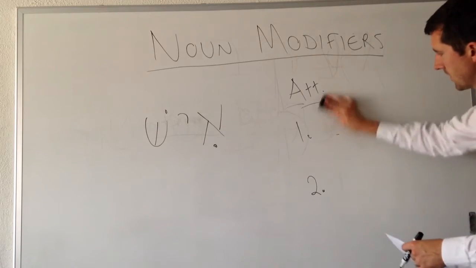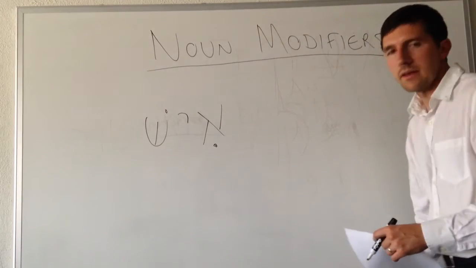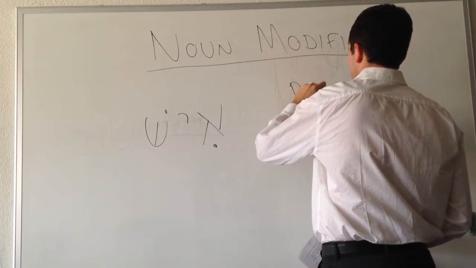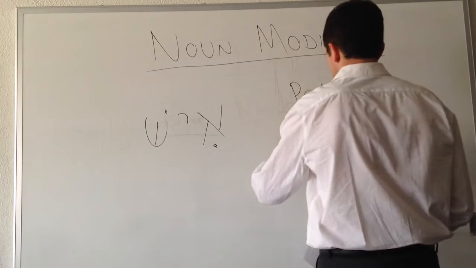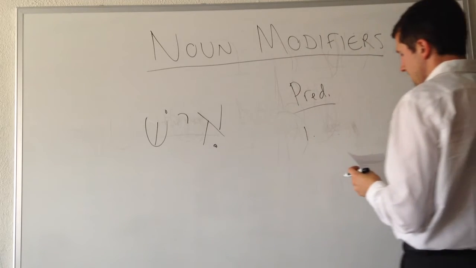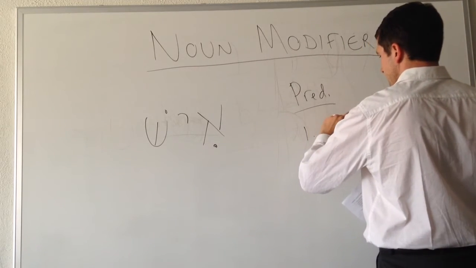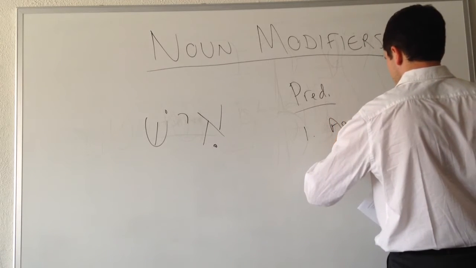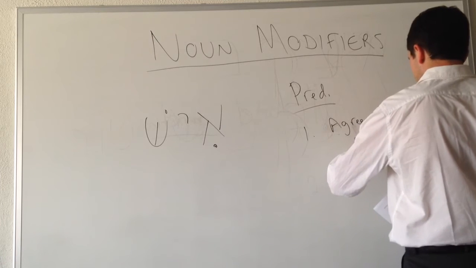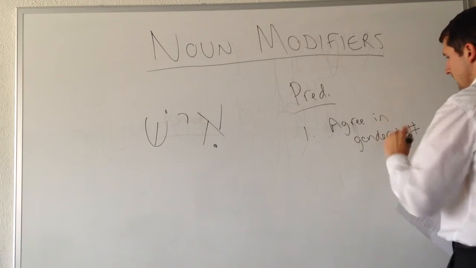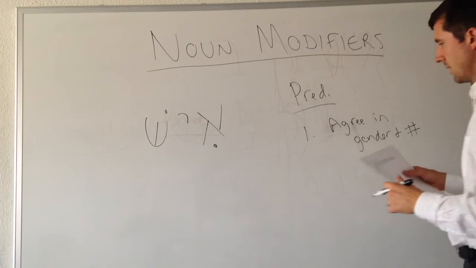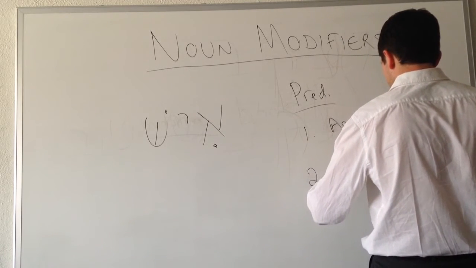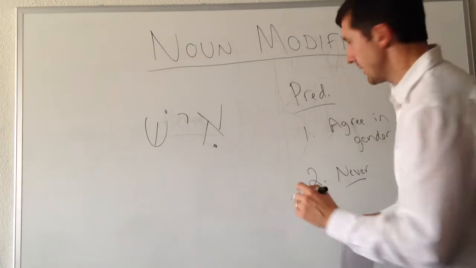All right, the second type is called a predicative. So this one will also agree in gender and number. It will never be definite.